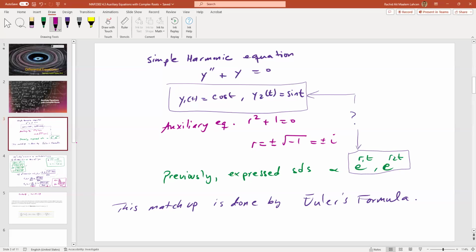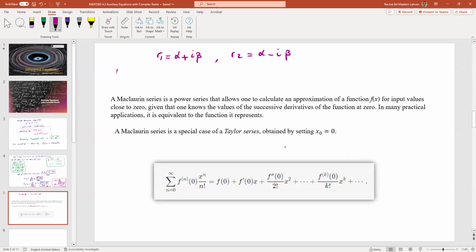So what if the r is, now look at the e, what if it's, let's say, r1 t? What else can I do with it? So, all right, let's say I put r1 t, so e to the alpha plus i beta t.